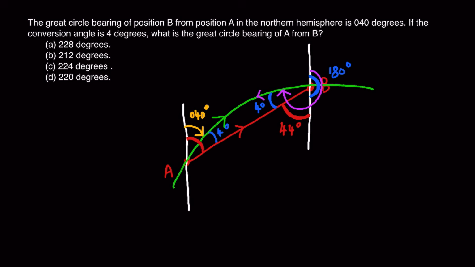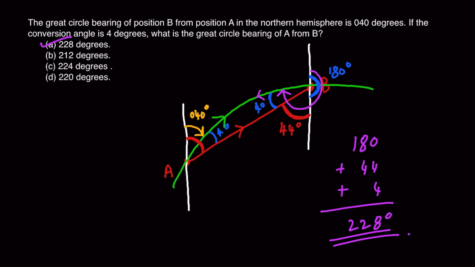So, how much will the big magenta angle come out to be? 180 plus 44 plus 4, which is 228 degrees. Okay, so which is alpha. Great circle A from B is 228 degrees.